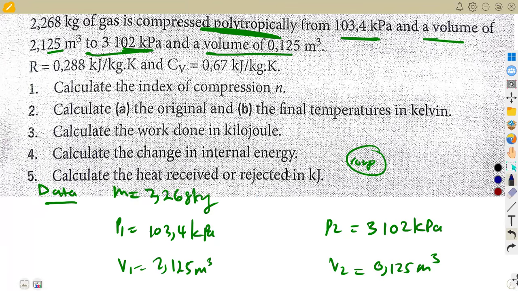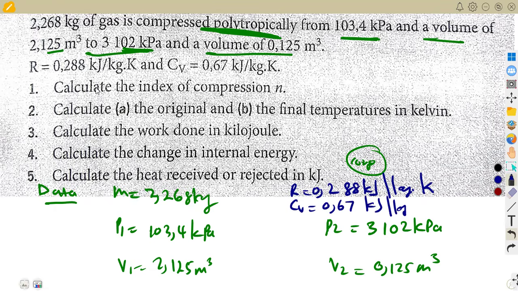R in this case for air is given as 0.288 kilojoules per kilogram Kelvin, and also Cv, the specific heat capacity at constant volume, is given as 0.67 kilojoules per kilogram Kelvin. We are supposed to calculate the index of compression n.